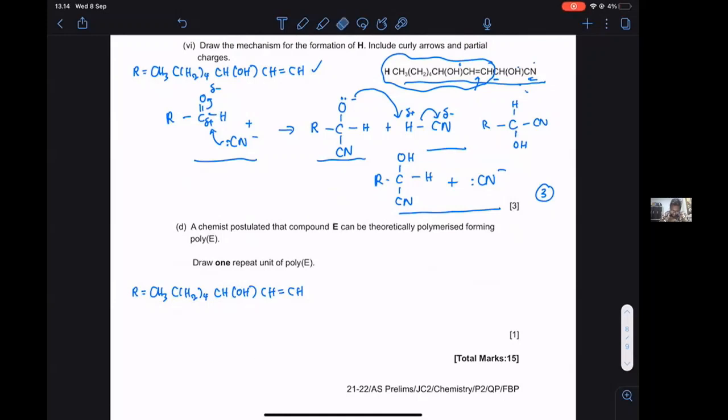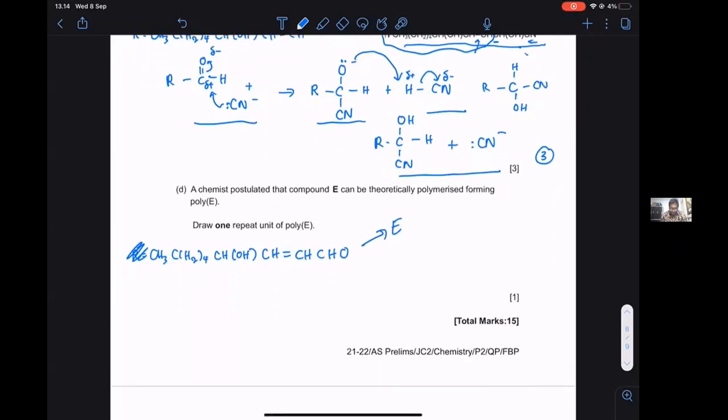So maybe I just change the R a bit. This one CH double bond CH, then followed by this part, which is going to be CHO. Okay, this is compound E. I'll erase this part first. If I want to show one repeat unit, I just put C, another C, H I put here, H I put here.